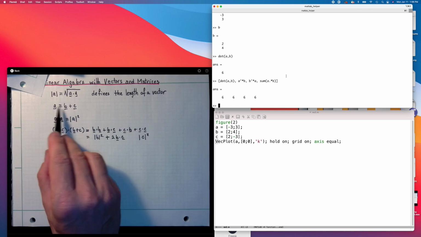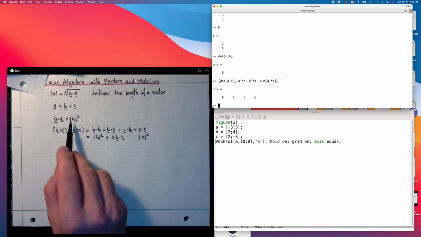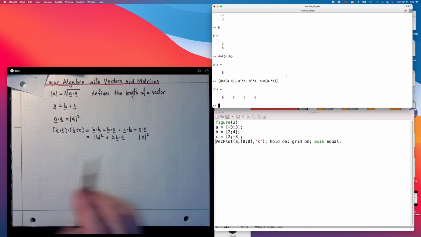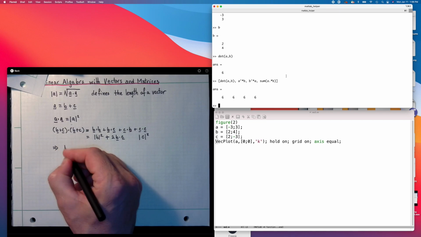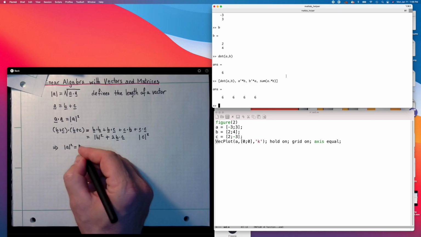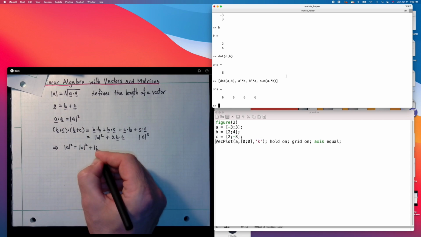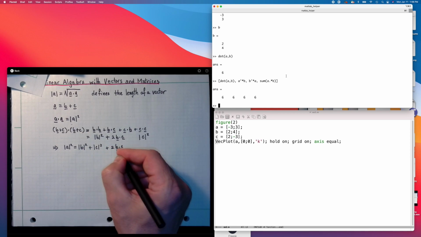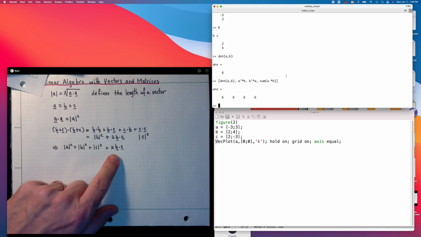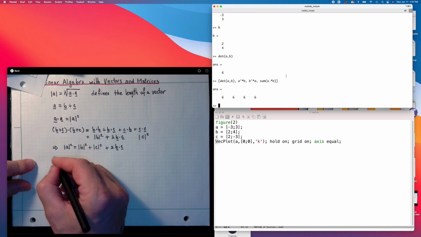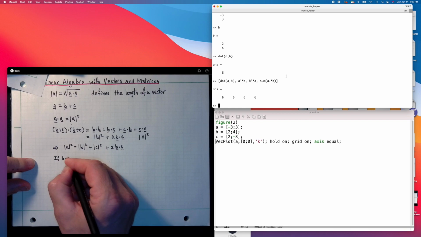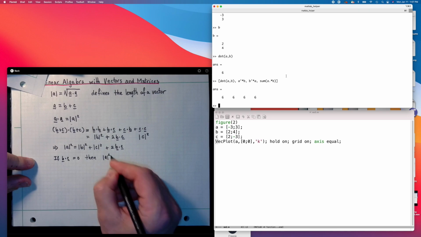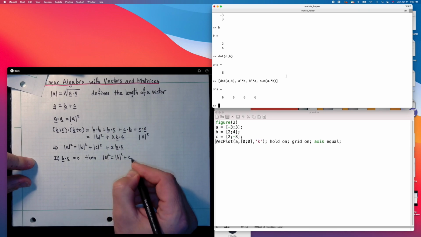And both of these are equal to each other, right? So if A is equal to B plus C, that means the length of A squared is equal to this. Therefore, A squared is equal to B squared plus C squared plus 2 times B dot C. Now, if B dot C is equal to 0, then A squared is equal to B squared plus C squared.